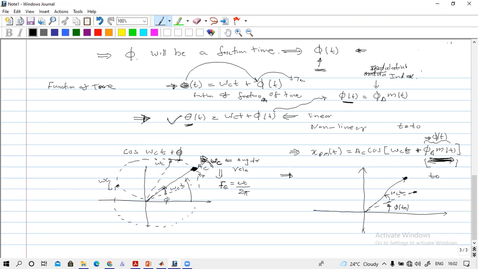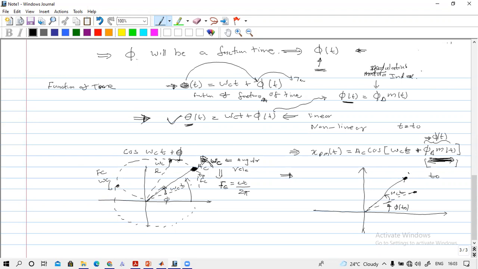So we can also say that the frequency is not changing. Here the frequency is fc, here also fc, and at any point the frequency is fc, for a normal sinusoidal signal, correct? But what is the velocity here?